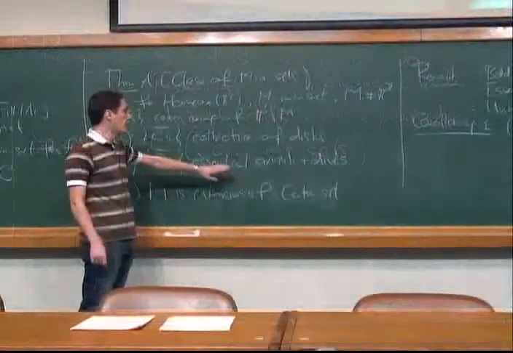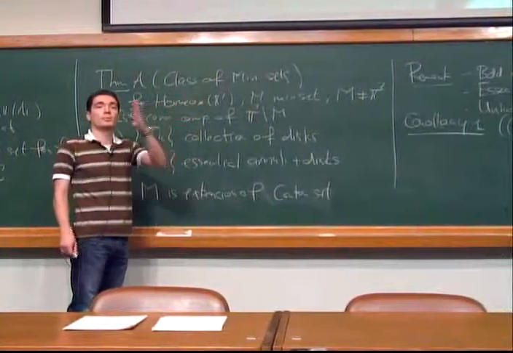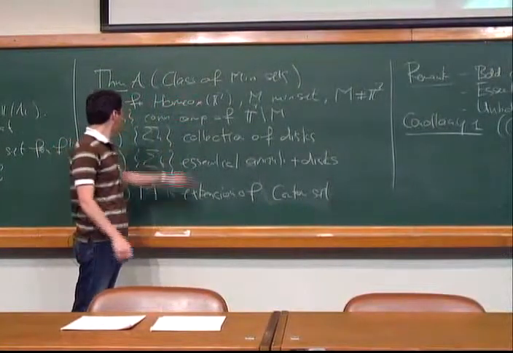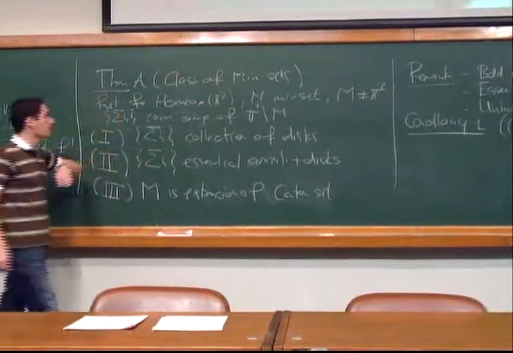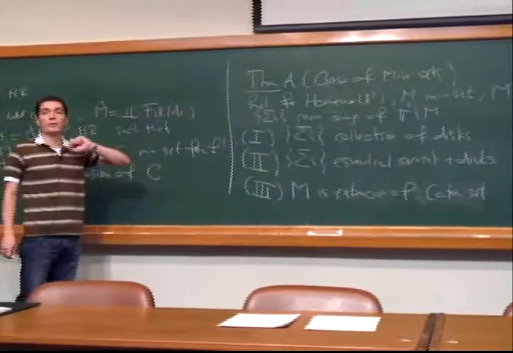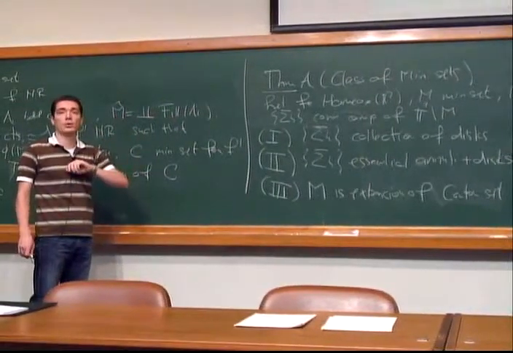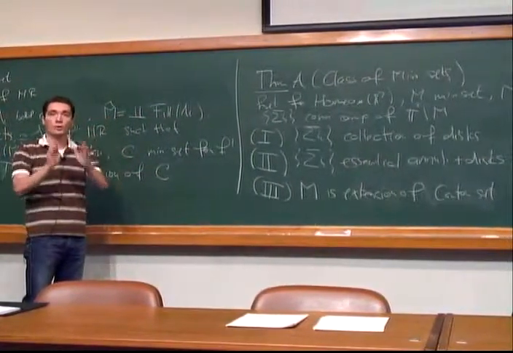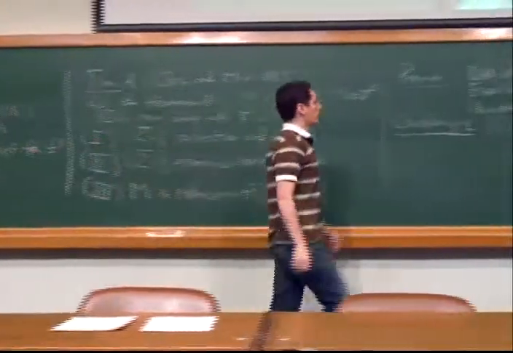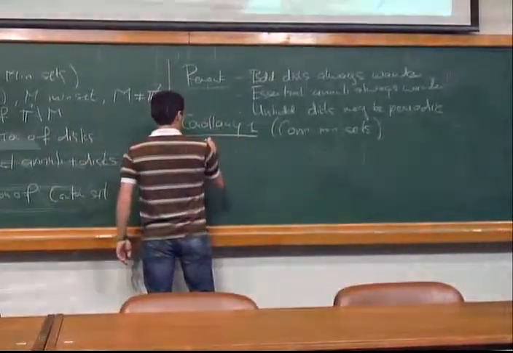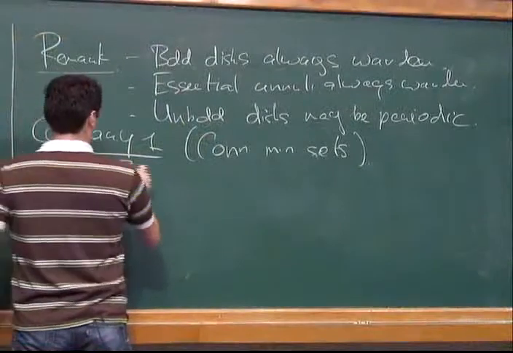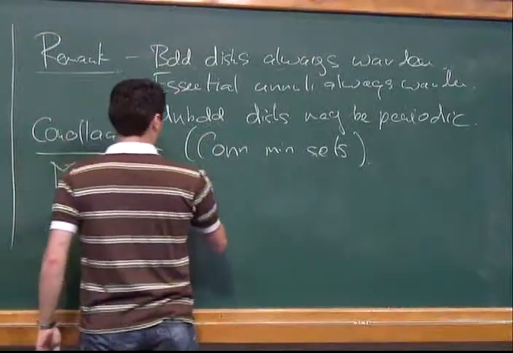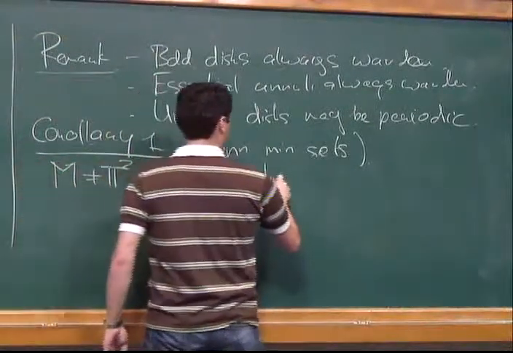Essential annuli, well, if you have one, then you have a whole bunch of them. So that will separate things. So the only possibility is type 1, and that's an if and only if. If you cut away disks from a torus, no matter how ugly, that will always be one connected component. So M, not equal to the whole torus, is connected if and only if it is type 1.